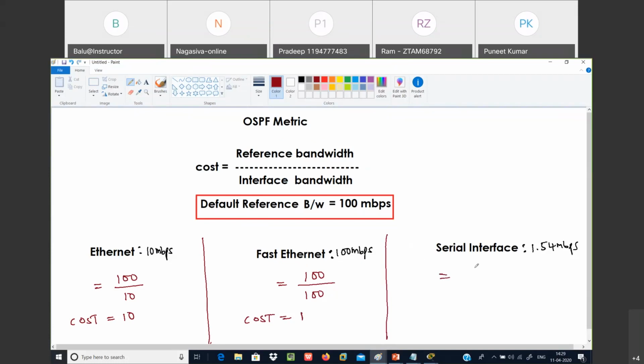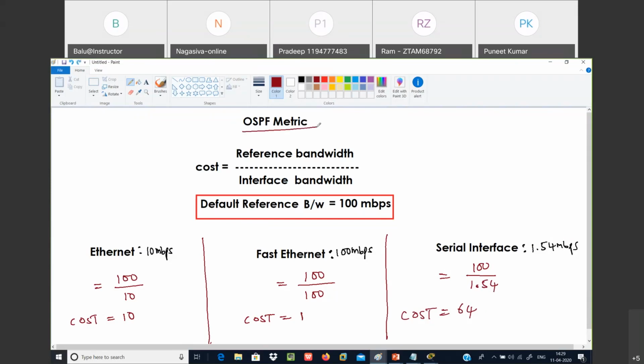Reference bandwidth is 100 by interface bandwidth. The interface speed is 1.54 Mbps. If we do the calculation, the serial interface cost is 64. Okay, guys, so these are the OSPF cost values.